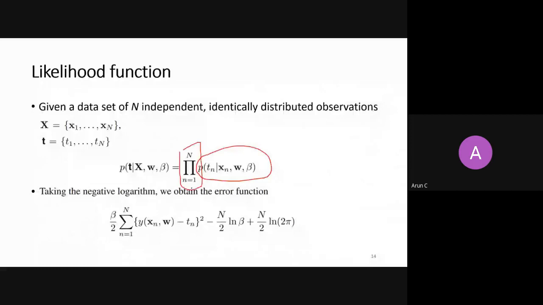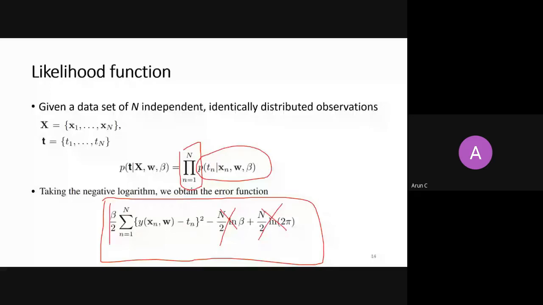If I take a negative log of it, I want to minimize it. When I take a negative log of it, this is what I get. But I want to maximize this likelihood function with respect to W. Same old story, right? And this is constant with respect to W. I am left with this, right?